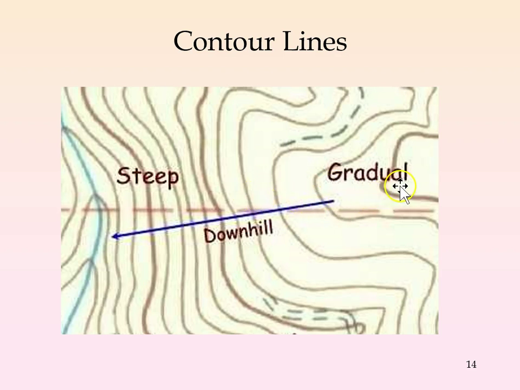That means there is a gradual slope downward at this elevation. However, then we come to a really steep part, and then there's water. So lines close together represent an area that is very steep. Contour lines that are farther apart represent an area with a gradual change in slope.